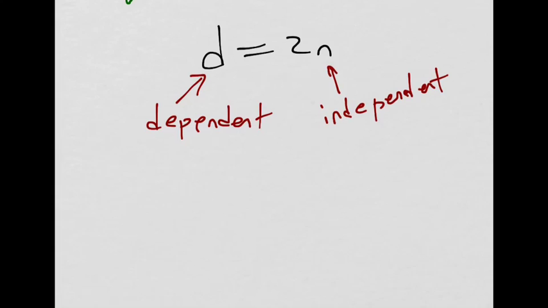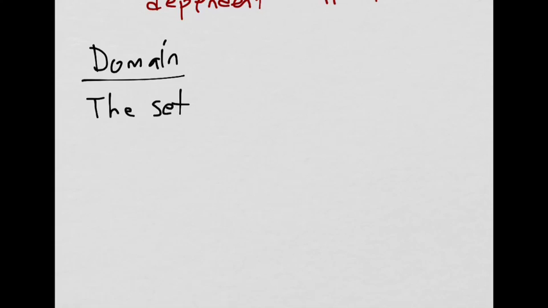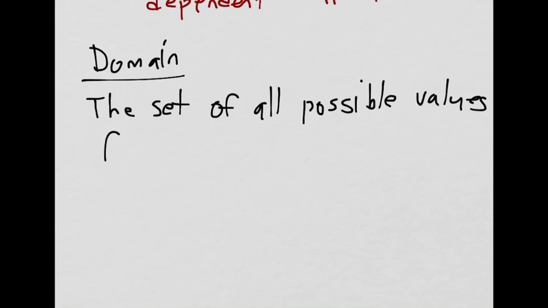These questions that I asked you lead us to the idea of domain and range. Again, these are very, very important words, especially in the field of calculus, and we're going to define them here. Domain, by definition, is the set of all possible values for the independent variable.